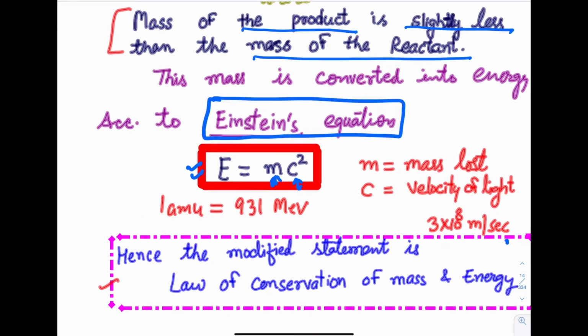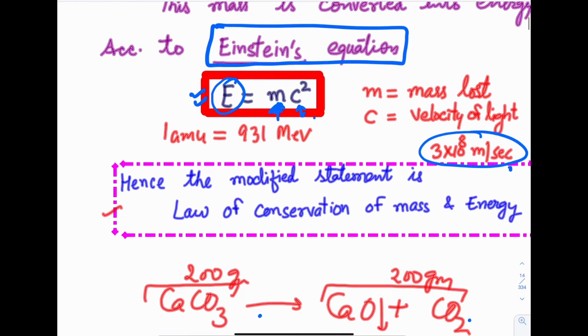And according to Einstein's equation, E = mc². Here m is the decrease in mass, that is the difference of mass of reactant and product, and c is the velocity of light, 3 × 10^8 meter per second. We can find out how much energy will be released by knowing the decrease in mass.